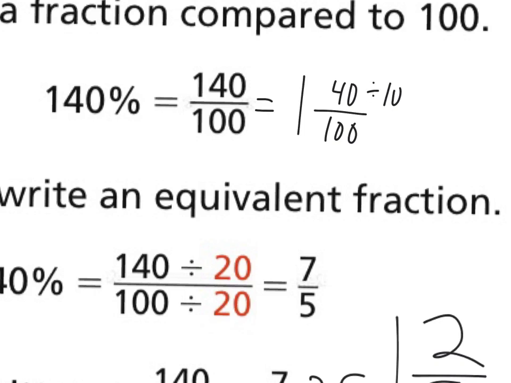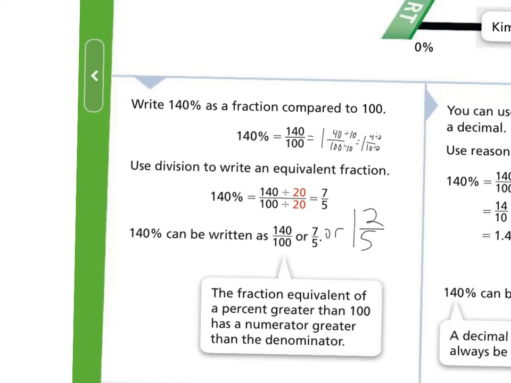Then maybe you notice they both end in 0, so let me divide them by 10. That'd be 1 and 4/10. And if you divide those by 2, you get 1 and 2/5. I'm going to say 1 and 2/5 is probably going to be the preferred answer for the fraction.